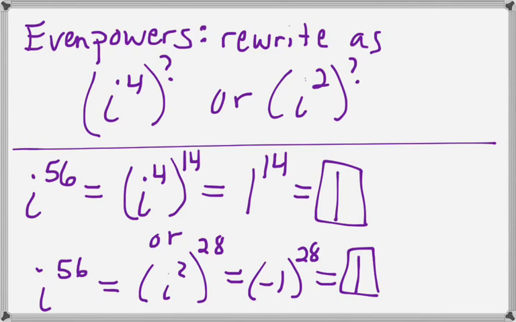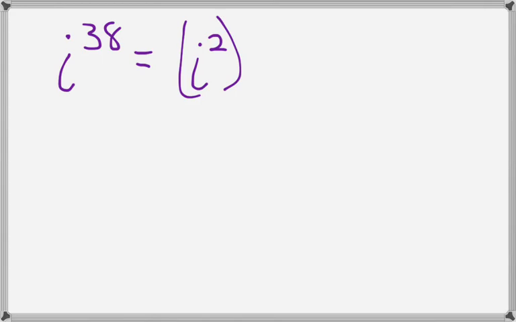Now sometimes 4 doesn't go into your exponent. For example, if you have i to the 38th. 4 doesn't go into 38, so we can't use i to the 4th, but we can write it as i squared. And 38 is 2 times 19. So we have -1 to the 19th.